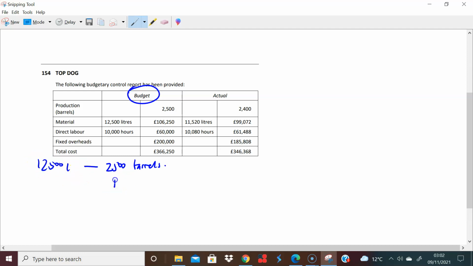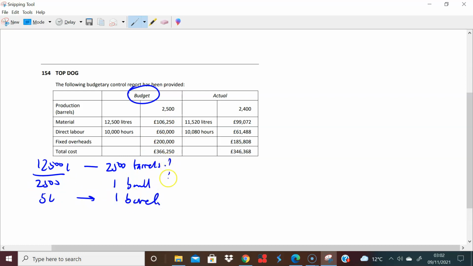How many liters should you need for one barrel? That's 12,500 divided by 2,500, which is 5. So you need 5 liters a barrel.